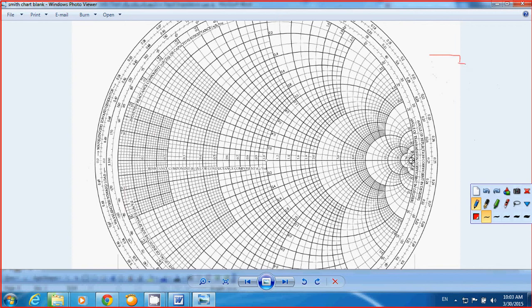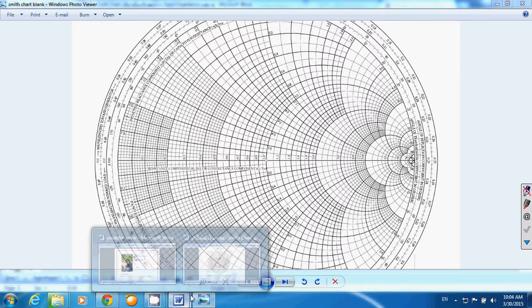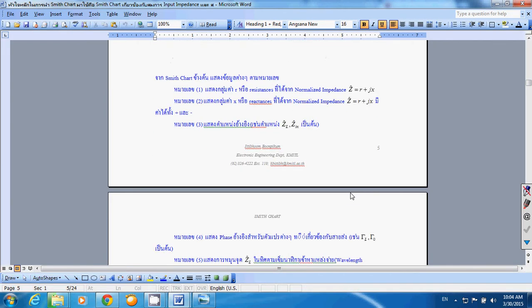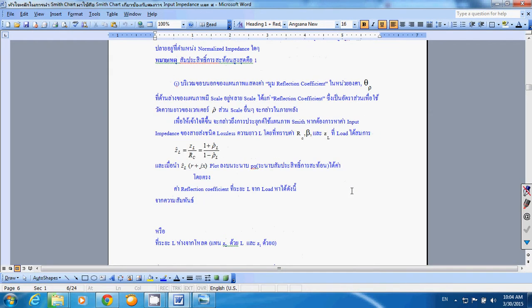When you have your load impedance connected to the transmission line, and the transmission line here has the characteristic impedance Z0, I will pick up my lecture notes. Sorry, that's in Thai, but I will explain in English.